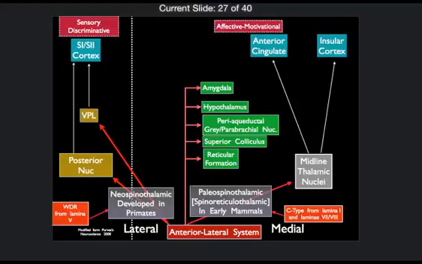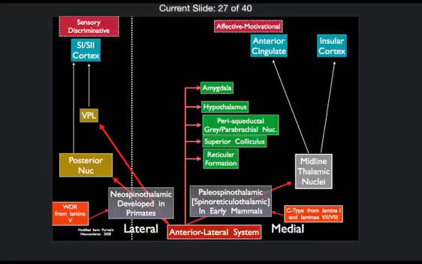It goes to the posterior nucleus. The VPL projects to primary somatosensory, a lot to supplementary, and it's sensory discriminatory.